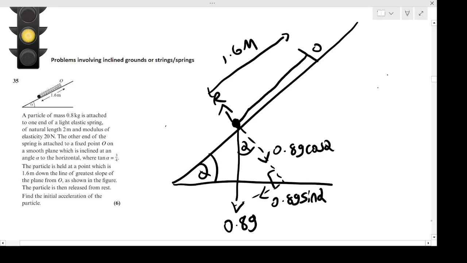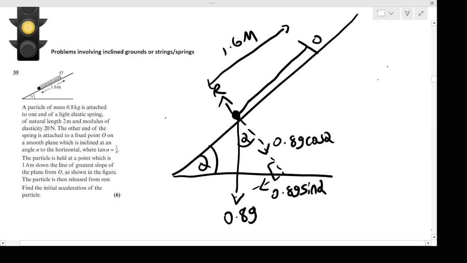Now again, we should look at the lengths. We don't need to actually guess if it's stretching or compression, because we're told the lengths. We obviously know the total length is 1.6, but we're told the natural length is 2. So the original length is 2, but then the spring goes to 1.6 meters.